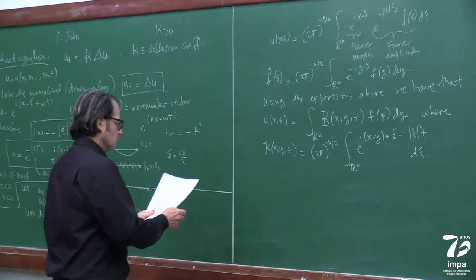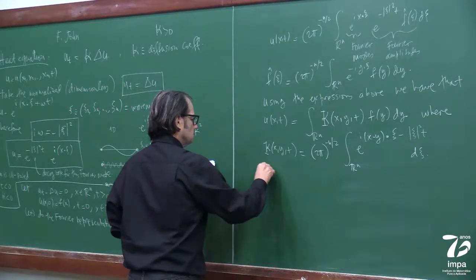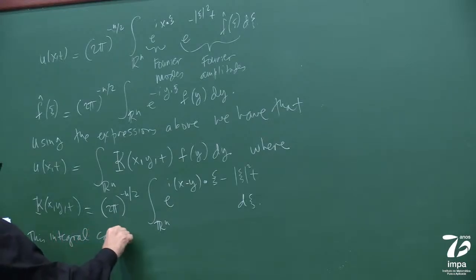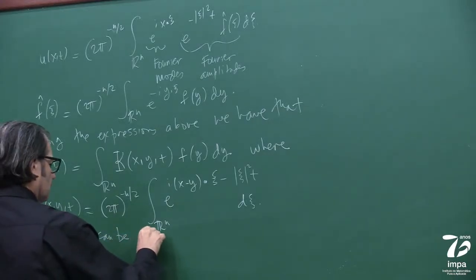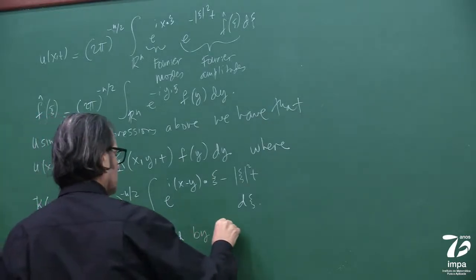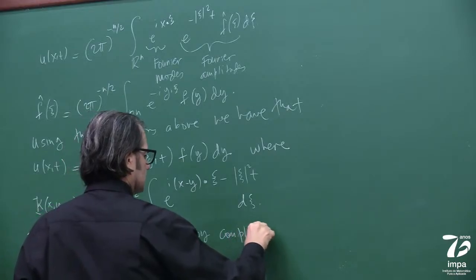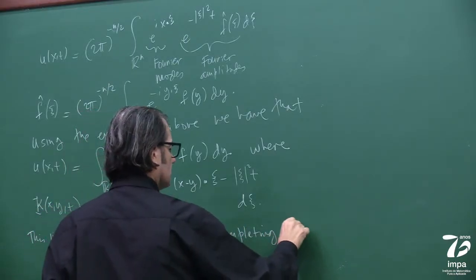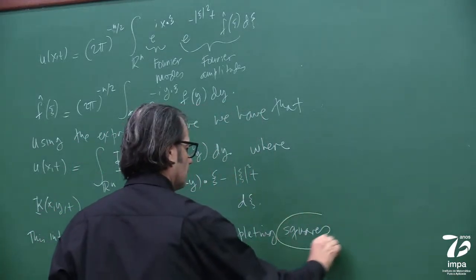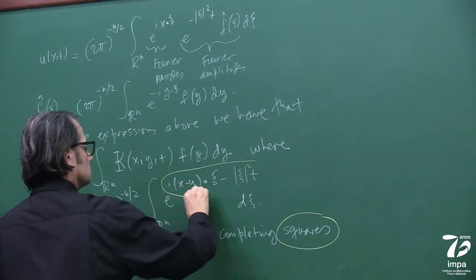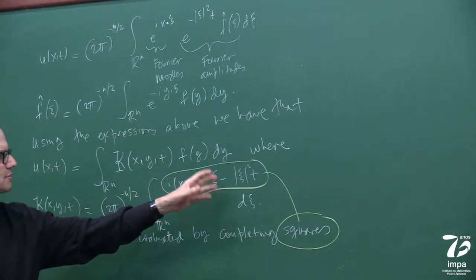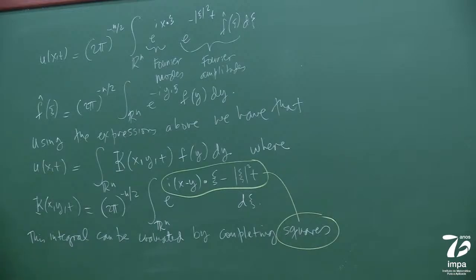Okay. So this integral can be evaluated by completing squares. Let me indicate where. Here. This looks a little bit like something that looks like a square, which is this.